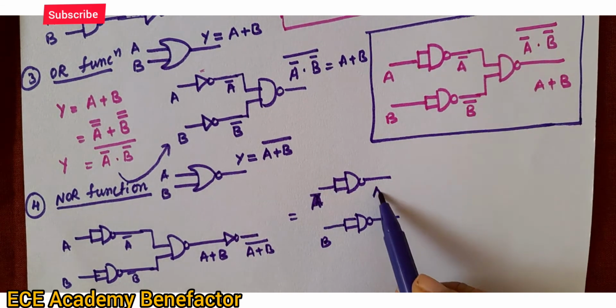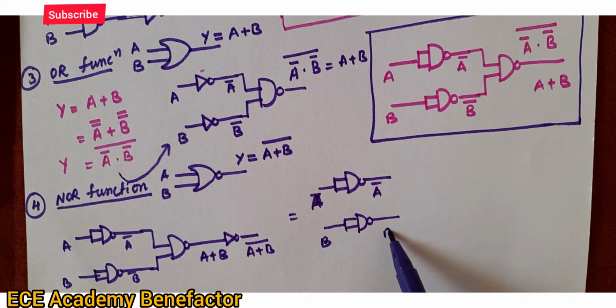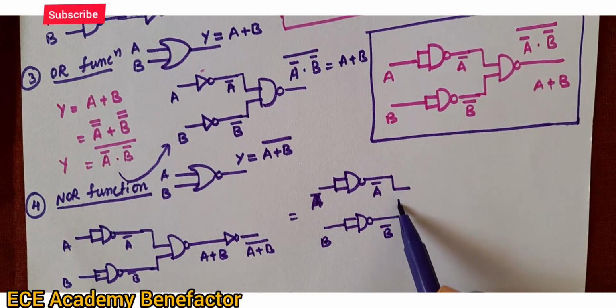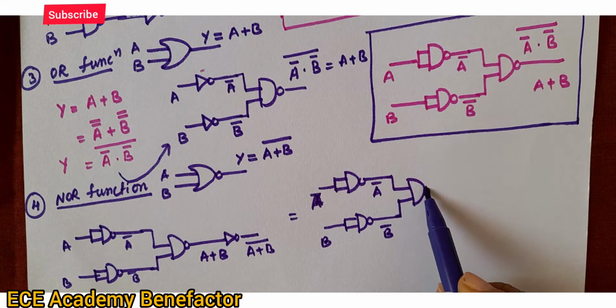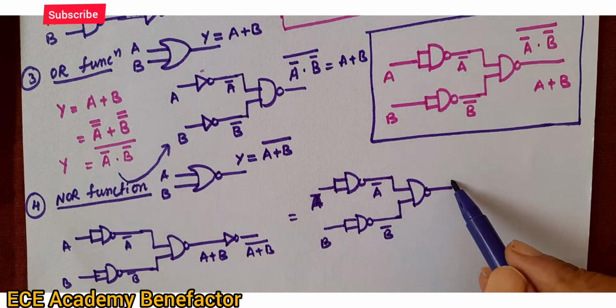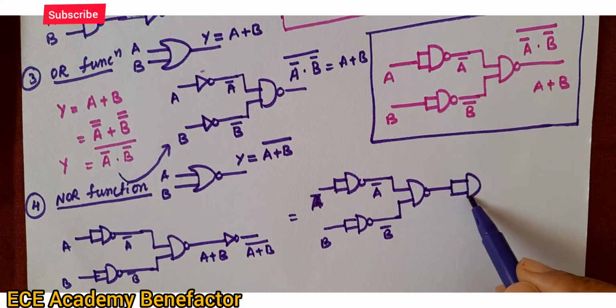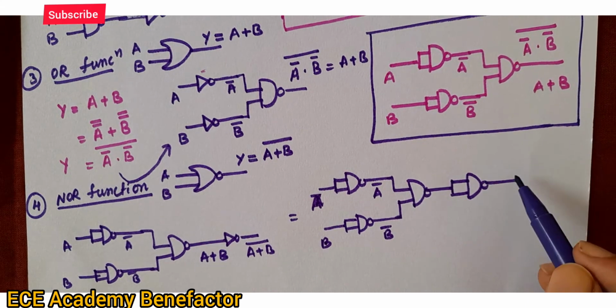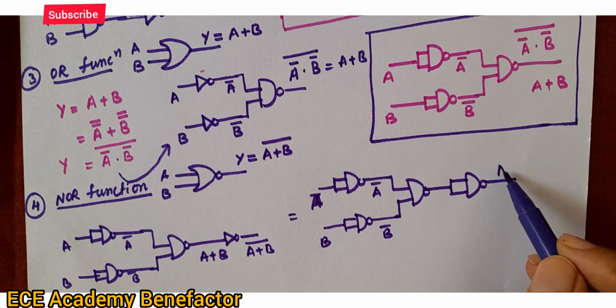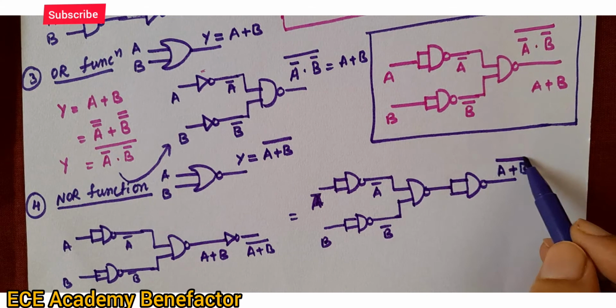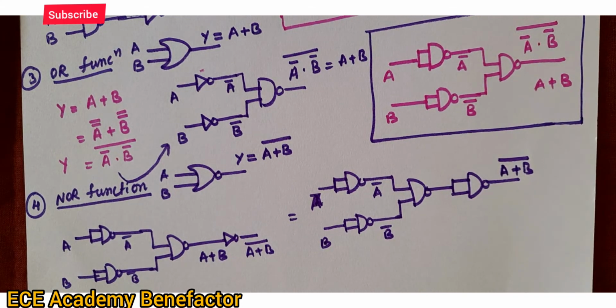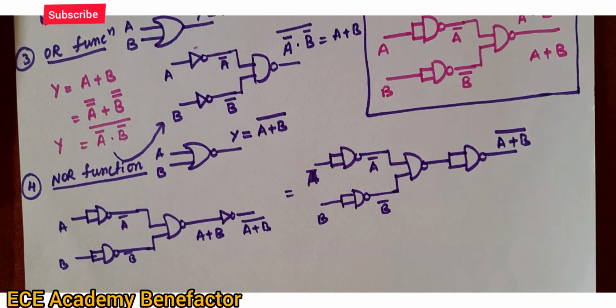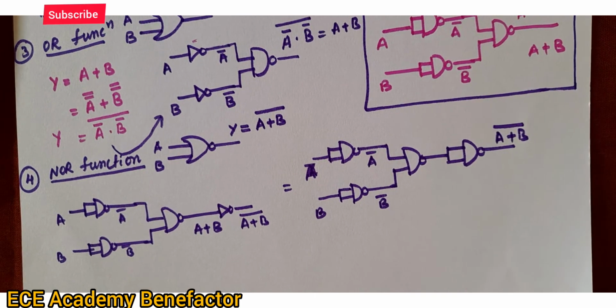This is A, we will get A bar here, B will come as B bar, given to a NAND gate and then given to a NOT gate. NOT gate means both the input terminals are combined. So here we will get A plus B the whole bar. In this way we can draw the NOR function.